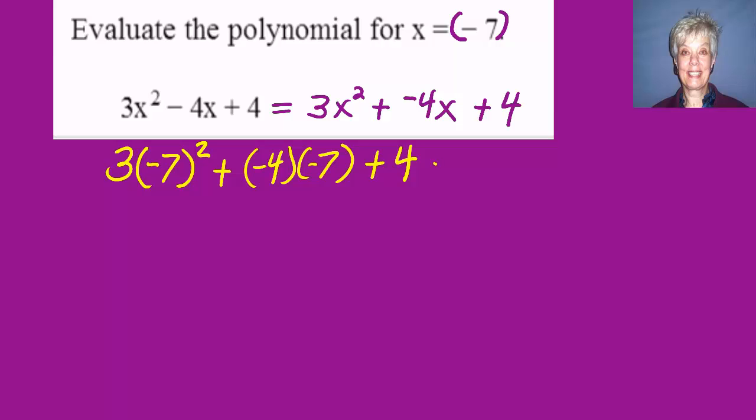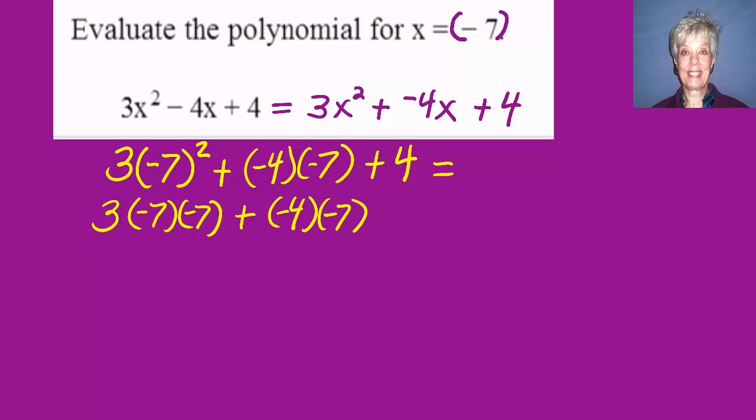So that what we have here is 3 times -7 times -7 plus -4 times -7 plus 4. Now remember, we always multiply before we add, so these pluses are going to come last.